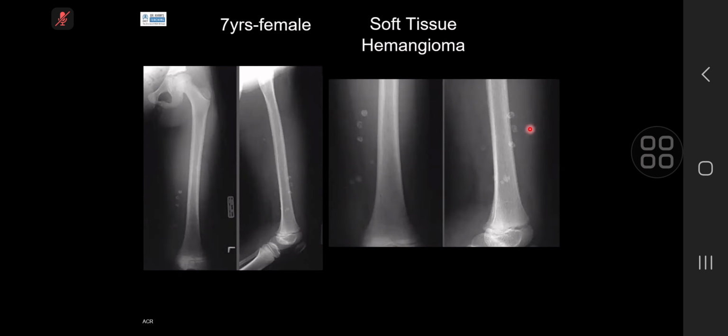Now, this is another one from literature, without any further imaging, but phleboliths are there. Now, let's go back to the case which we saw.